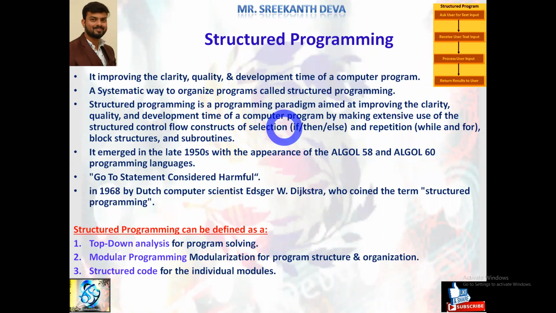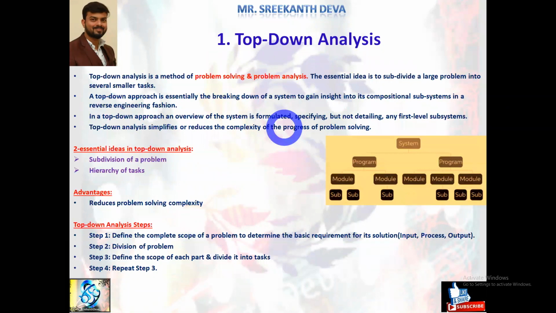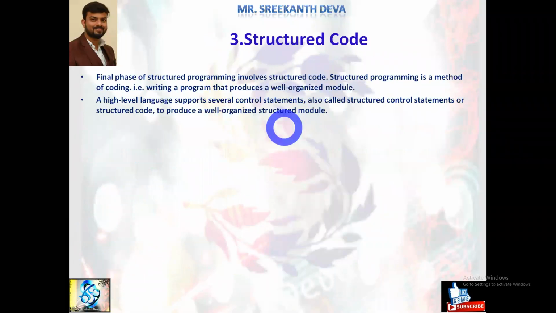Structured programming can be defined as top-down analysis, modular programming, and structured code. We also discussed elements used in structured programming like control structures, sequences, selections, iterations, recursions, subroutines, and blocks. This is about top-down analysis, providing a solution through problem solving and problem analysis, like modular programming and structured code.